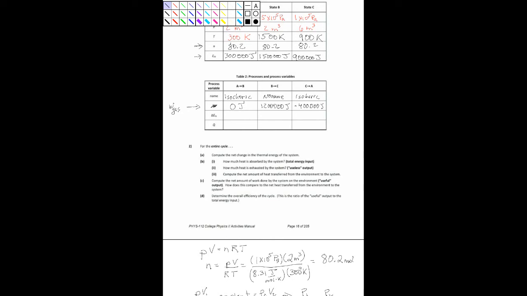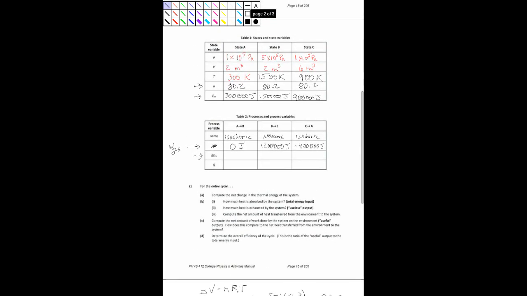What about the next line, the change in the thermal energy? Well, this is actually rather straightforward. We can use the data from table 1. So as we move from A to B, we increase our thermal energy. We go from 300,000 to 1,500,000. So we increase our thermal energy by 1,200,000 joules. Okay, so what about as we move from B to C?